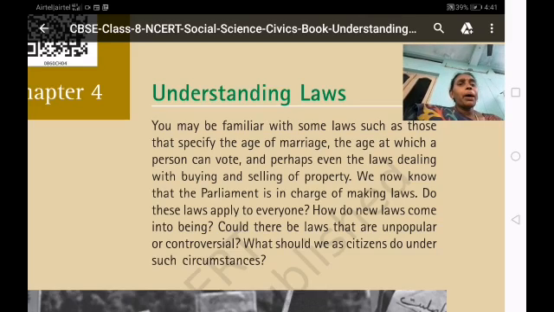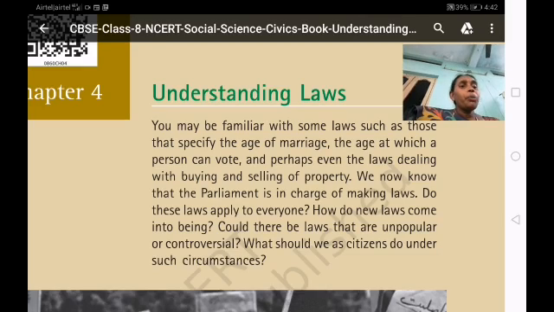We know that the parliament is in charge of making laws. All these laws are made by the parliament only. Do these laws apply to everyone? Whatever laws are made by the parliament, are they applicable to all?